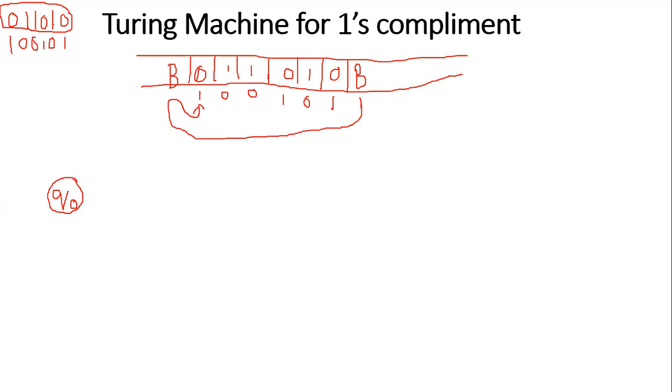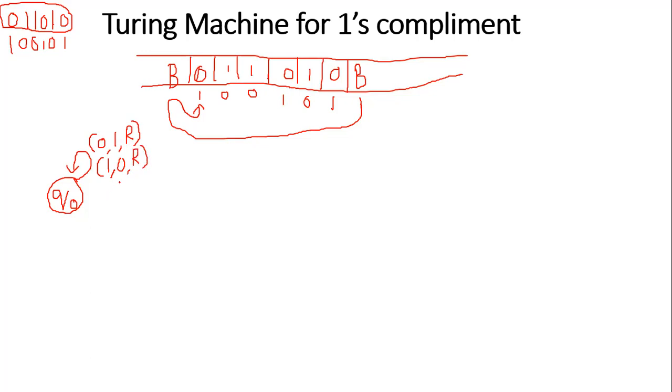If you get 0, replace 0 with 1, and you have to keep moving to the right side. Similarly, if you get 1, what to do? Replace 1 with 0, and keep moving to the right side.